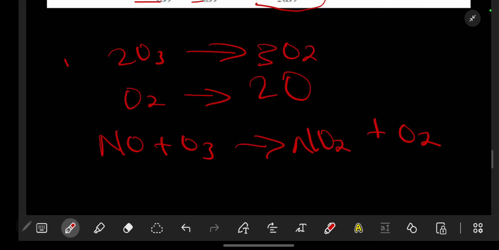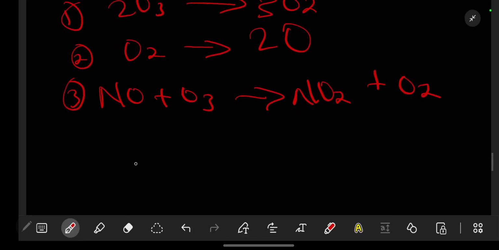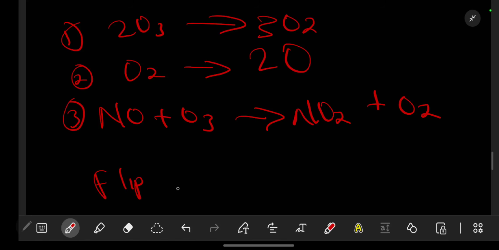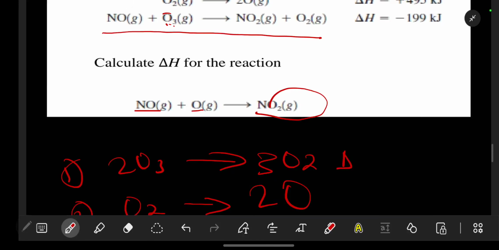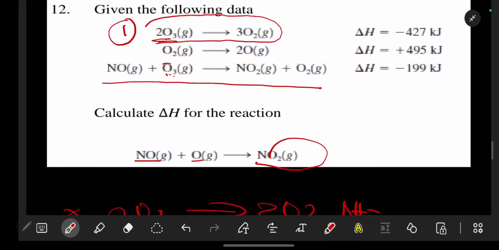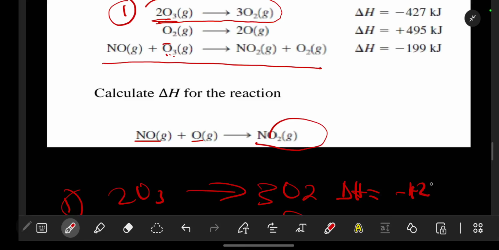So what we are going to do is, this is our equation 1, equation 2, equation 3. We are going to flip equation 1. Flipping equation 1 means the change in enthalpy for this one is negative 427.